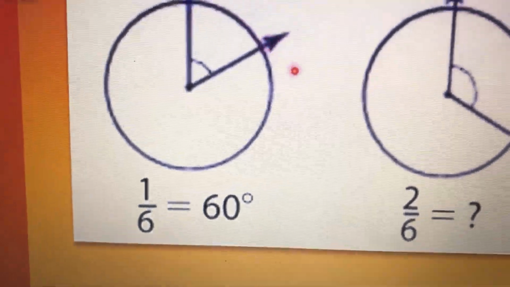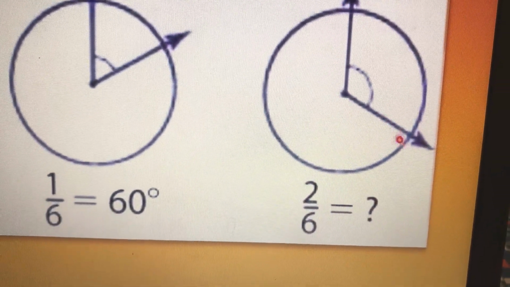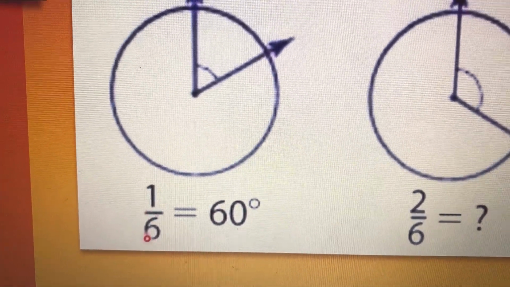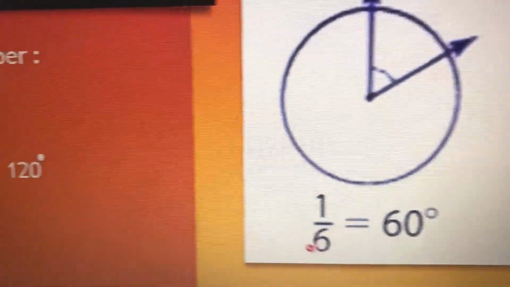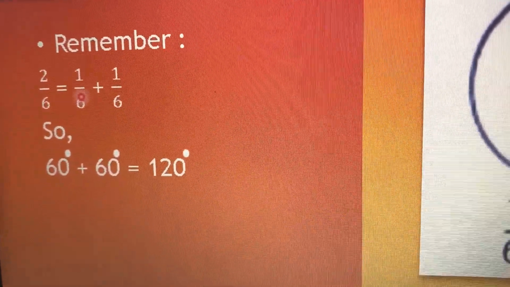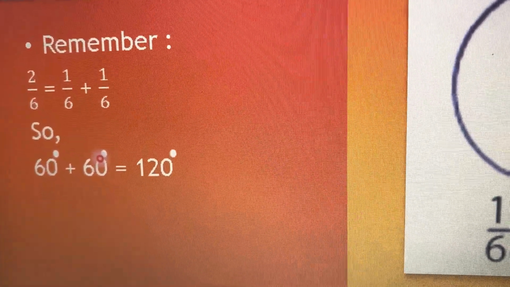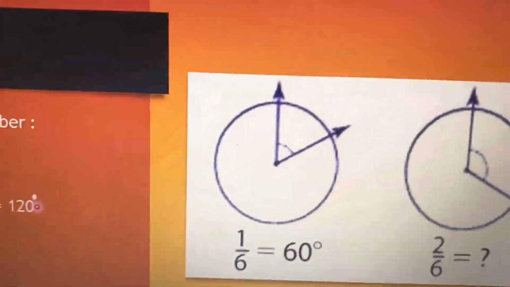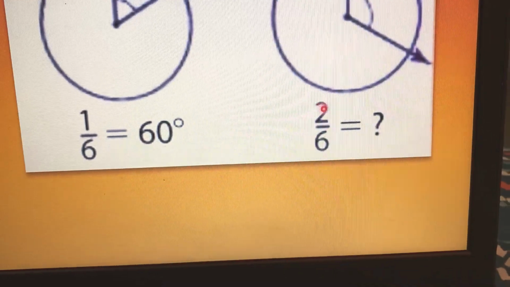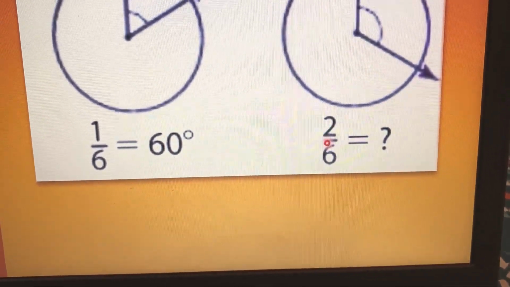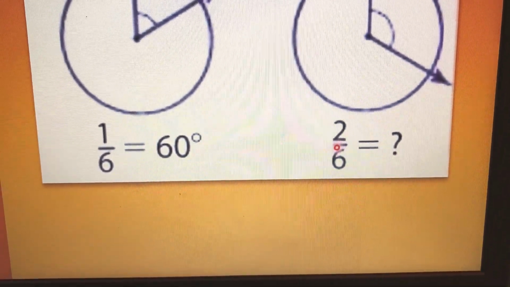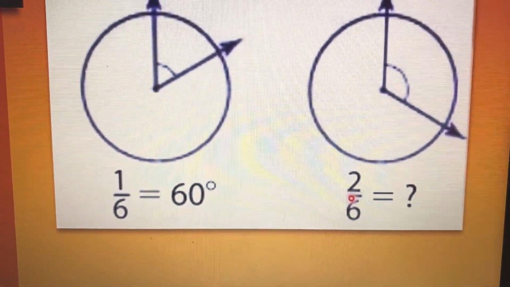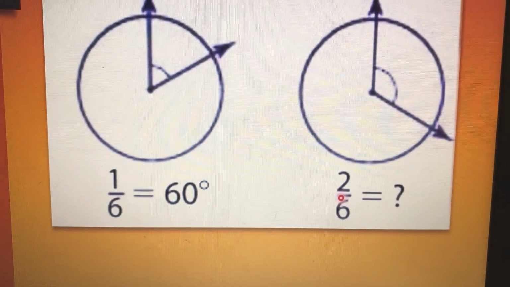To find the measure of this angle, since it's 2/6, and 1/6 equals 60 degrees, I can add 60 two times. 60 plus 60 equals 120. What if I have 3/6? The same, I'm going to add 60 three times. If I have 4/6, I will add 60 four times, and so on.